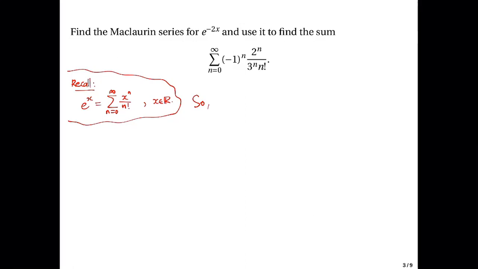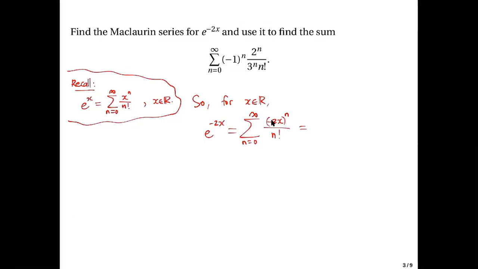So in here, for x an element of the set of real numbers, e to the minus 2x is now equal to the power series from n equals 0 to plus infinity of (negative 2x) raised to n over n factorial. Or let us rewrite this.